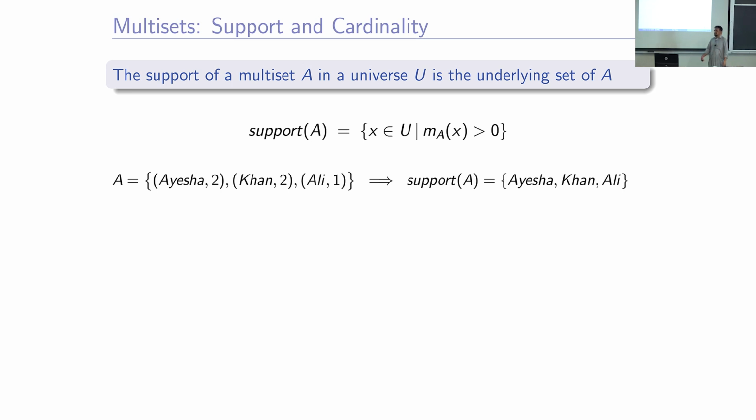This is the support, the underlying set. For this multiset A, the support is Aisha, Khan, and Ali. Why is Ahmad not here? Because its frequency is 0, its multiplicity is 0, or maybe it's not even in the universal set. So only those elements that actually appear will be in the support. Think about it.